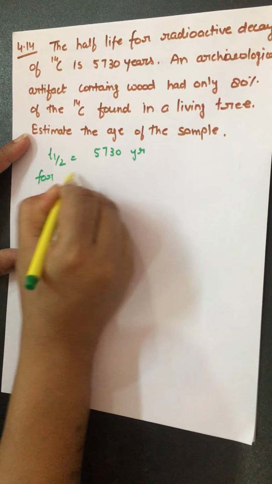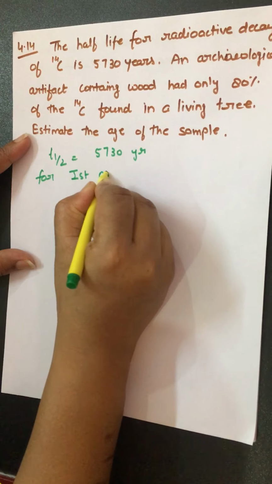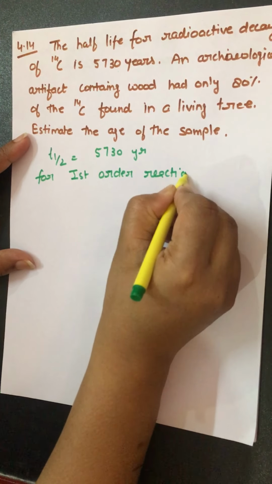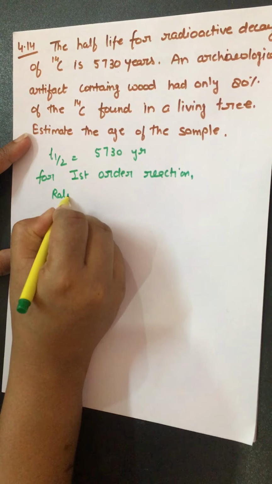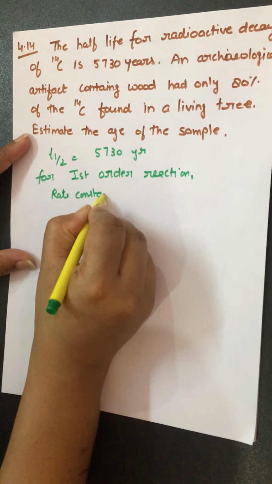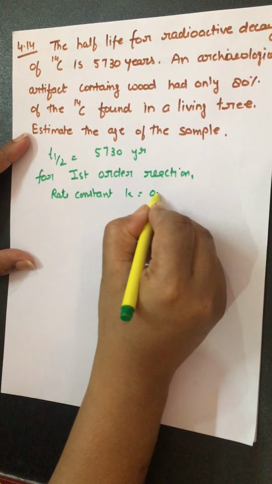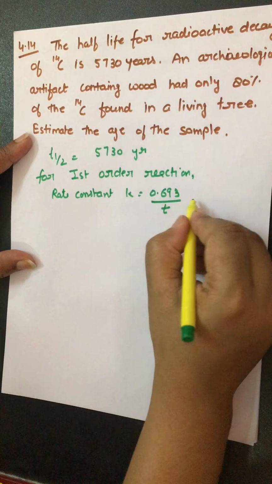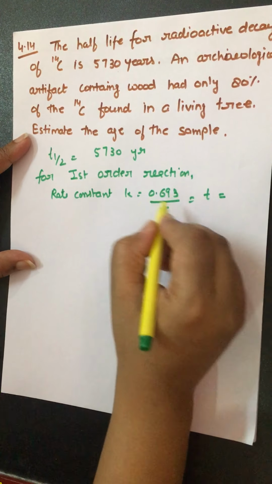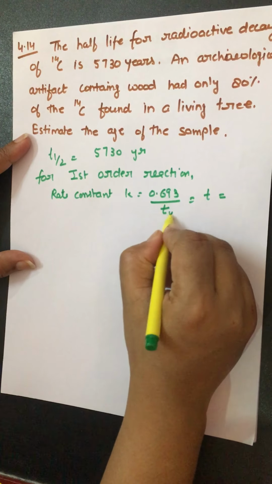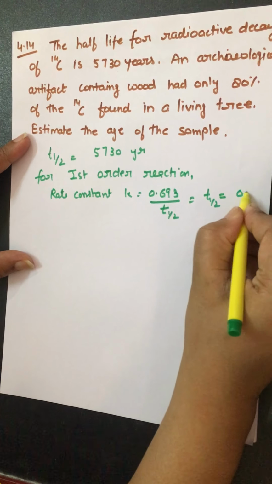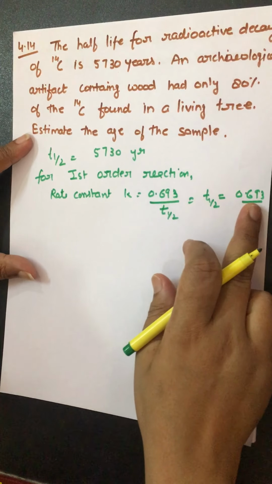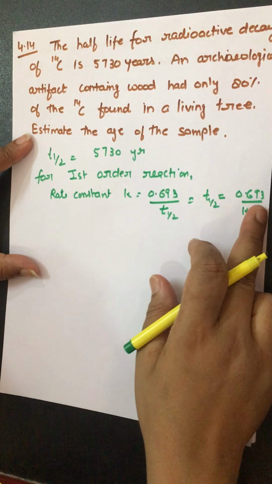For first order, rate constant K equals to 0.693 over T half, or I can write T half equals to 0.693 over K. Okay. अब ये 0.693, how can we find out 0.693?